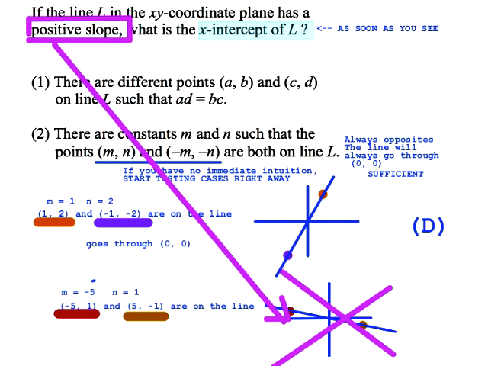As soon as you see this question, you should realize that the goal is just the intercept. So you're not going to find the line. But you might find the intercept, even though there might be multiple lines.